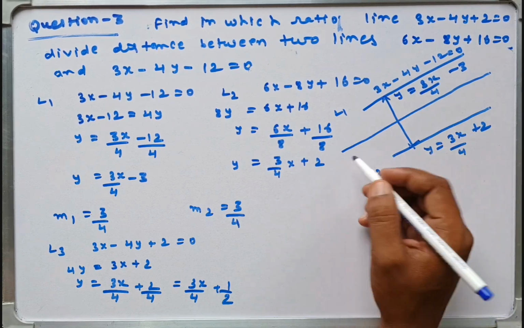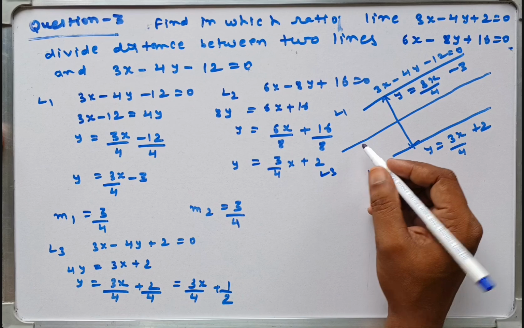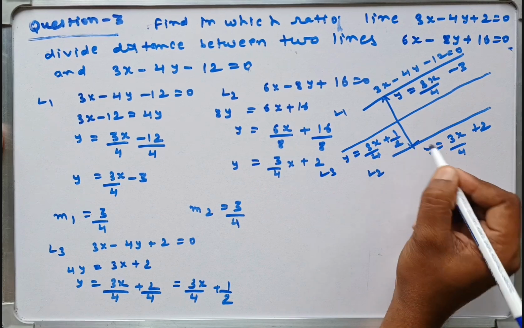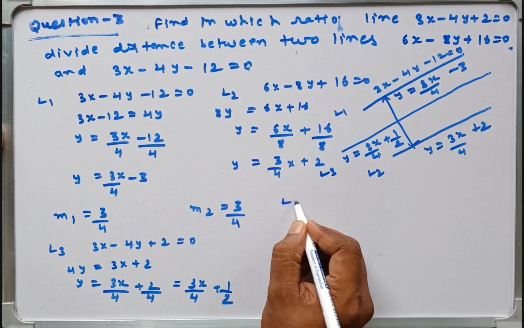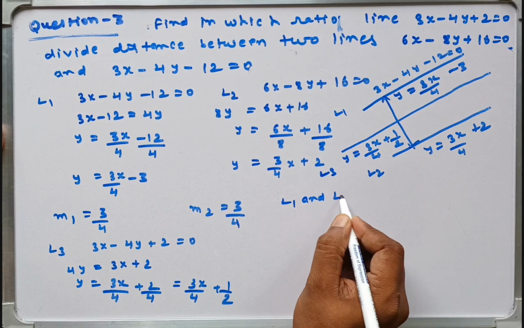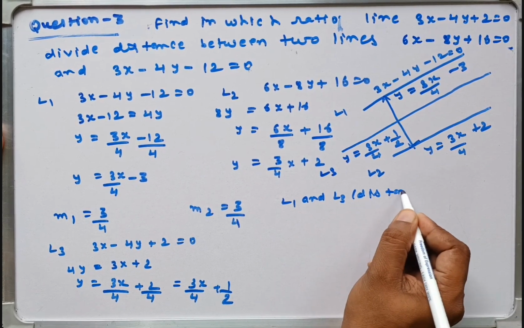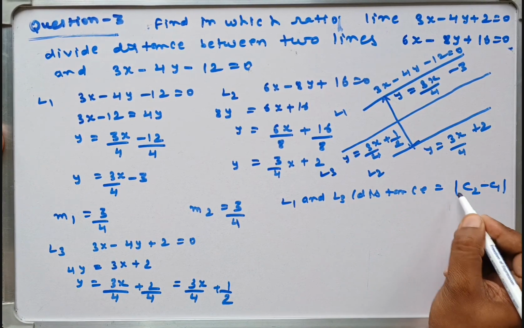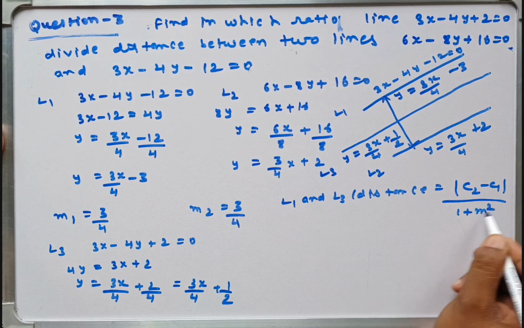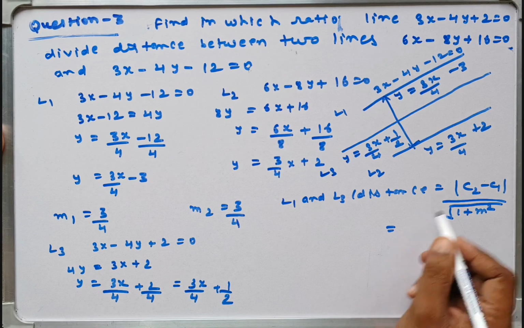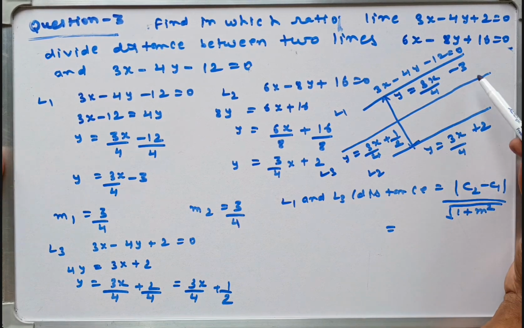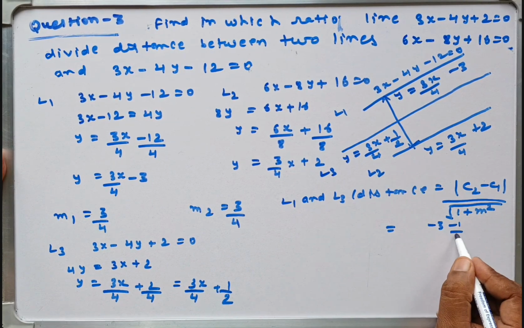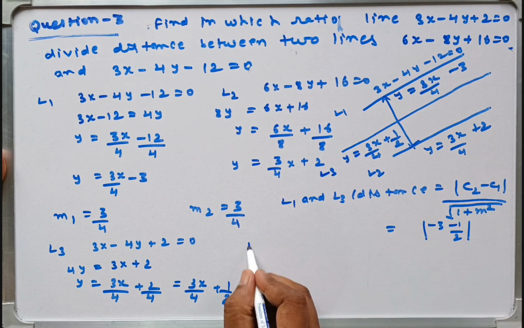Okay, so if L3's standard equation is y equal to 3x by 4 plus 1 by 2, then the distance between L1 and L3. Okay, what guys, here you know, when you write the equation in standard form, then this will be the distance between these two parallel lines. So here see, if this one is minus 3, then this one is minus 1 by 2, take a mod. Mod means, guys, what?